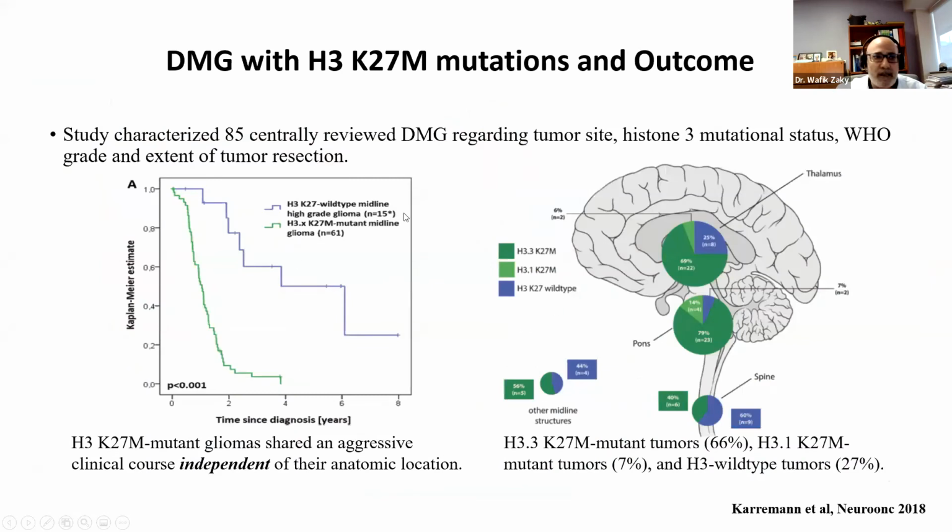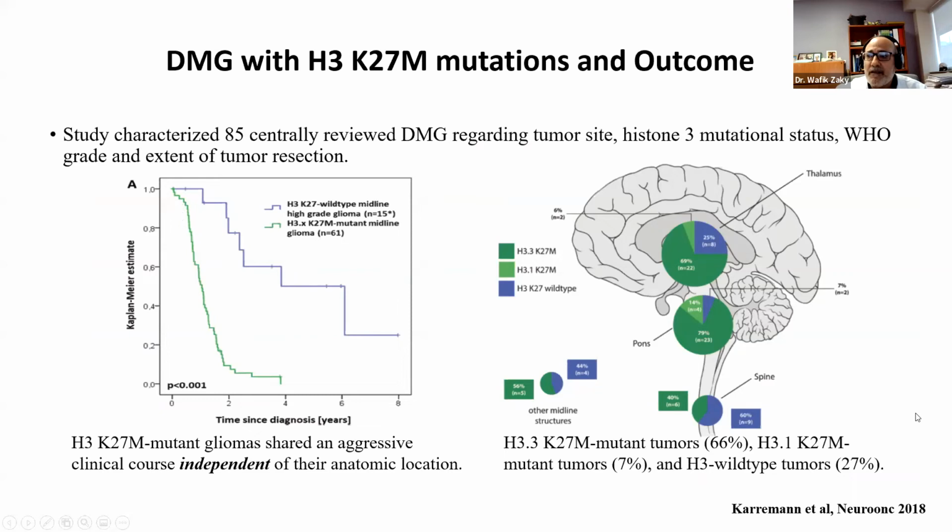So early studies tried to investigate whether the histone mutation means a good or bad outcome. And this is basically from the HIT German group. They looked at 85 centrally reviewed DMG, including thalamic, brainstem and spinal. They identified the histone mutated group as having a very poor outcome, with expected survival of about 9 months compared to the wild type.